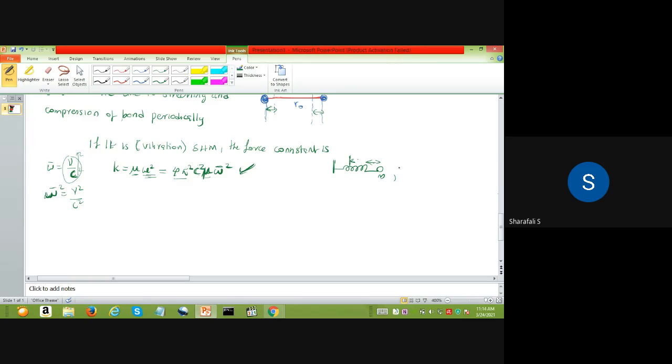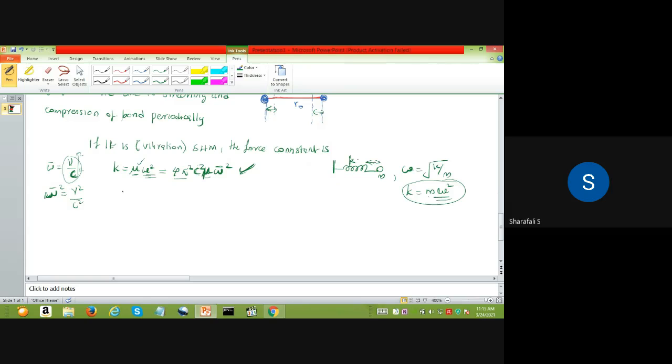And as you know, omega, the frequency of this vibration, will be the square root of k by m. From this we get k equal to m times omega square. Instead of m, we have mu here because it is the reduced mass, then omega square. Okay, that is the force constant equation for a simple harmonic motion.